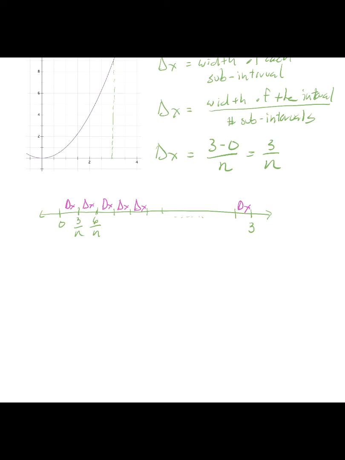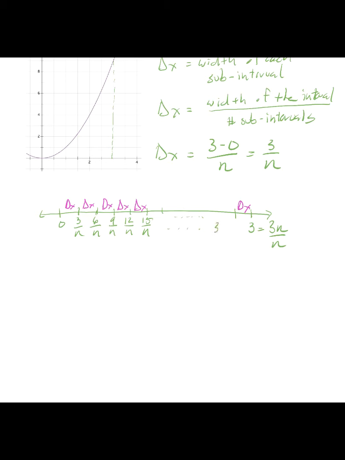So I can label these points on the x-axis. I go from 3 over n to 6 over n, to 9 over n, to 12 over n, to 15 over n, to eventually 3n over n when I've gone far enough.